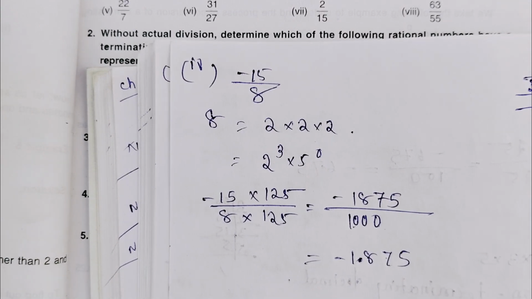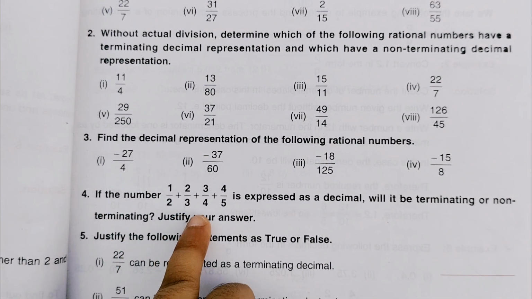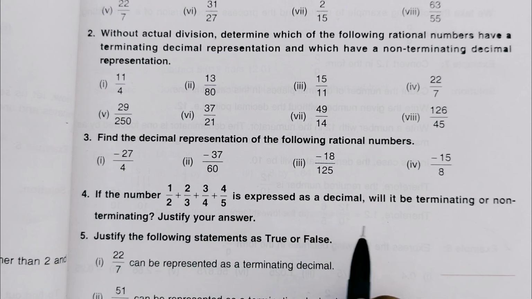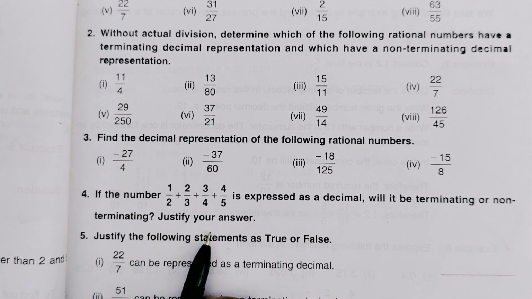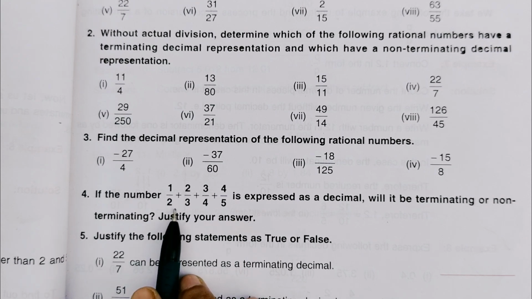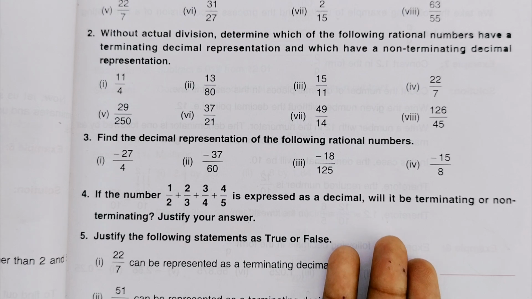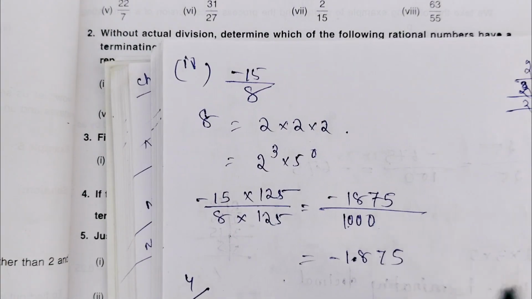Now we solve another question. If the number 1 by 2 plus 2 by 3 plus 3 by 4 plus 4 by 5 is expressed as a decimal, will it be terminating or non-terminating? Justify your answer. First we see the denominators are 2, 3, 4, 5. They are not all in the form of 2 to the power m into 5 to the power n. So it is a non-terminating decimal number.